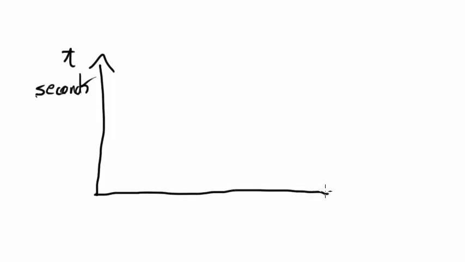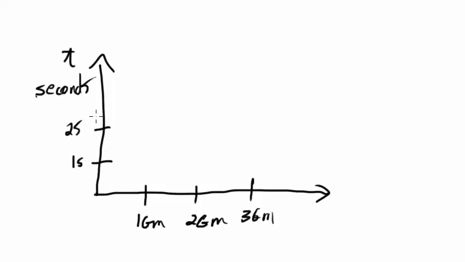On the other hand, if I take my time axis and mark it off in seconds, and take my horizontal axis and start marking it off in billions of meters, gigameters, the speed of light will be a line with a slope of about 3 seconds per gigameter.